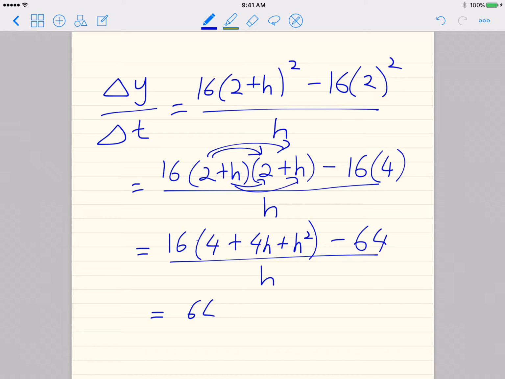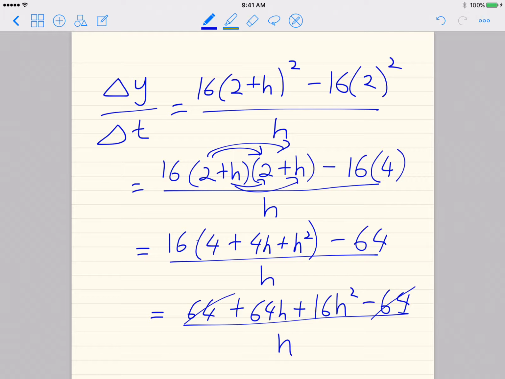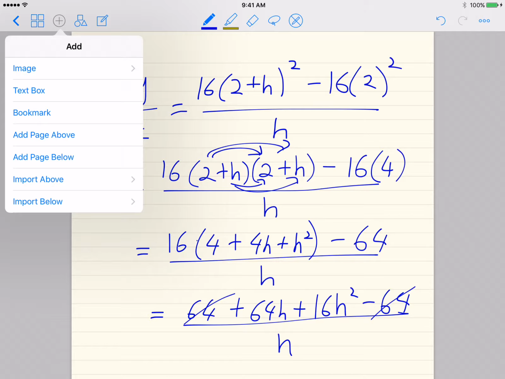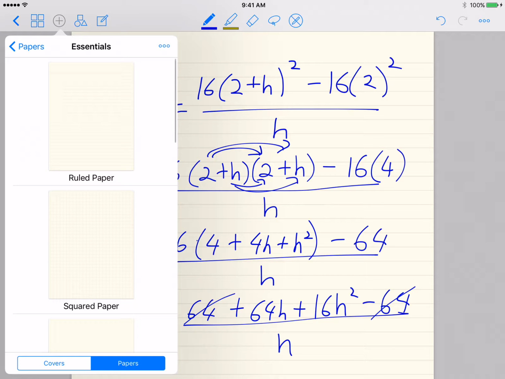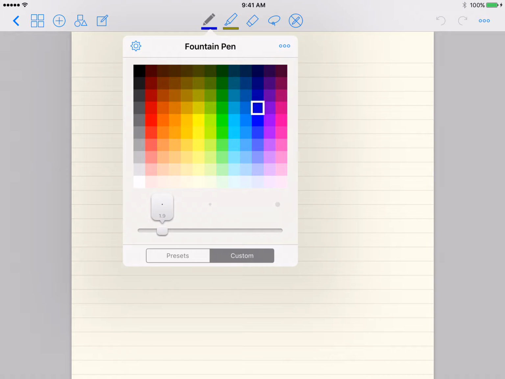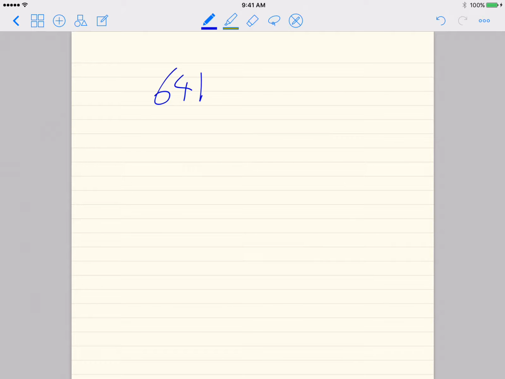And then distribute that 16 in front of the parentheses. So you get 64 plus 64h plus 16h squared minus 64 all over h. And the 64s will cancel out. So you end up with 64h plus 16h squared all over h.